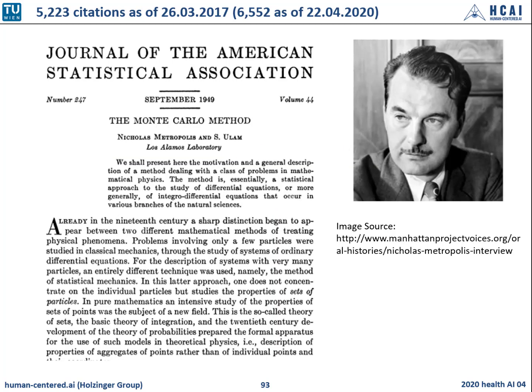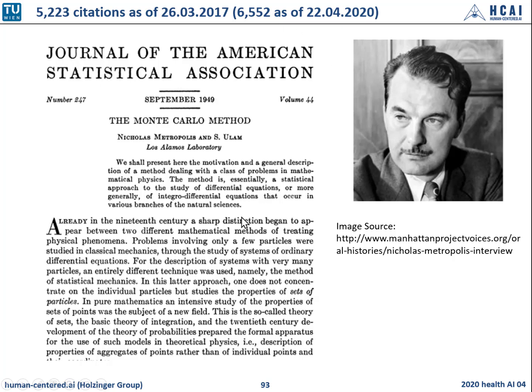So there's a paper, so this is Nicholas Metropolis, and he published together with a guy called Stanislaw Ulam, and they reported about this Monte Carlo method, and they received moderate citations. So I've looked it up this week: 6,500.